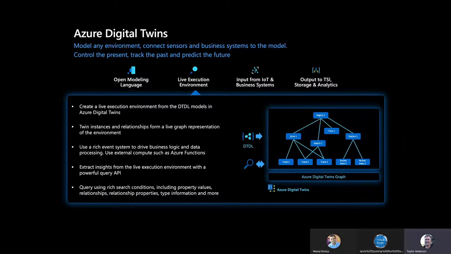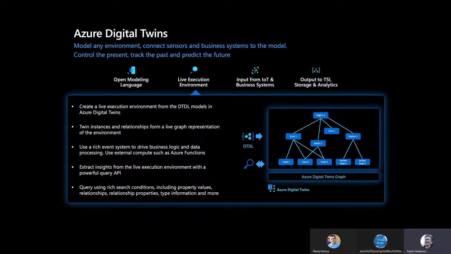All right, so let's move to our second pillar here, which is the live execution environment. And once you've created your models, you're going to instantiate those models as twins in a graph. So in this example to the right here, we've modeled a railway network starting off at the highest level with a region, and that region has different assets within it, which include, for example, a zone, a switch, a train, and then a switch in this example is controlling track 2 and track 3.